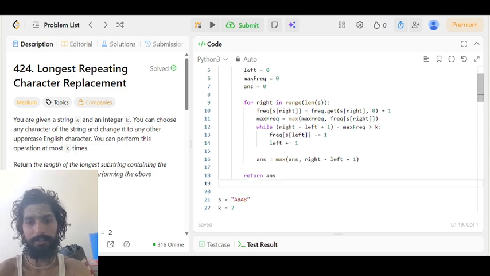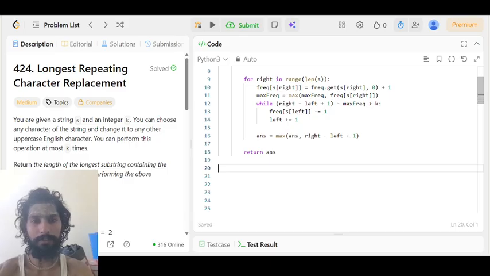Now let us dry run this for one example so that you can understand it better. Let's take a very simple example.